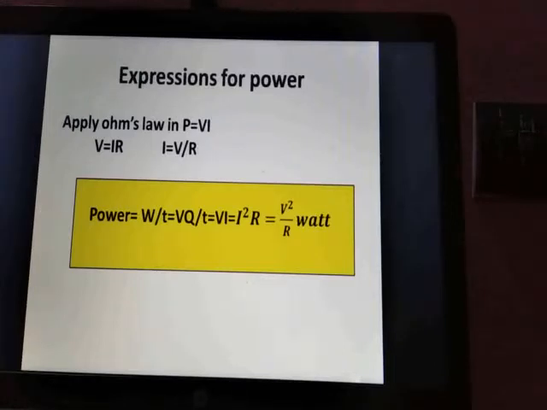So, power is equal to W by T, which is equal to VQ by T, which is equal to VI, or is equal to I square R, or which is equal to V square by R watt. These all are the expressions for power. Based on the given data, you can use any of the equations and find power.